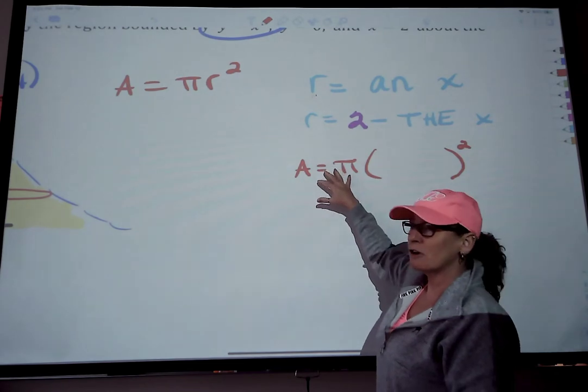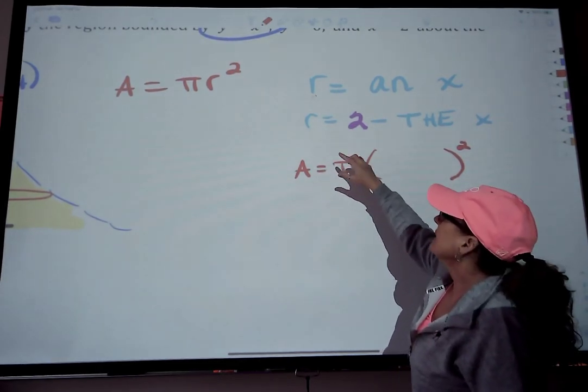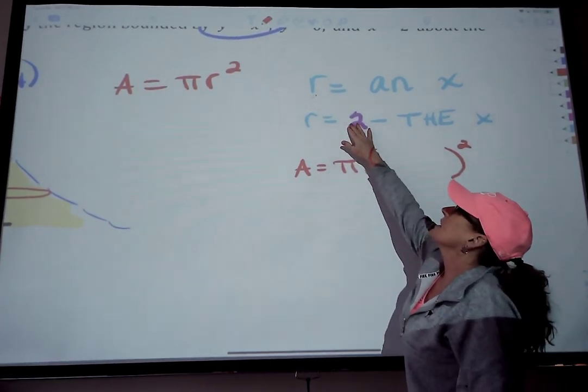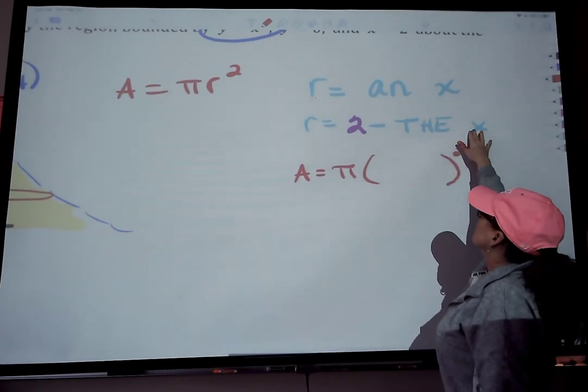So my area representation for each circle is going to be pi times this squared.